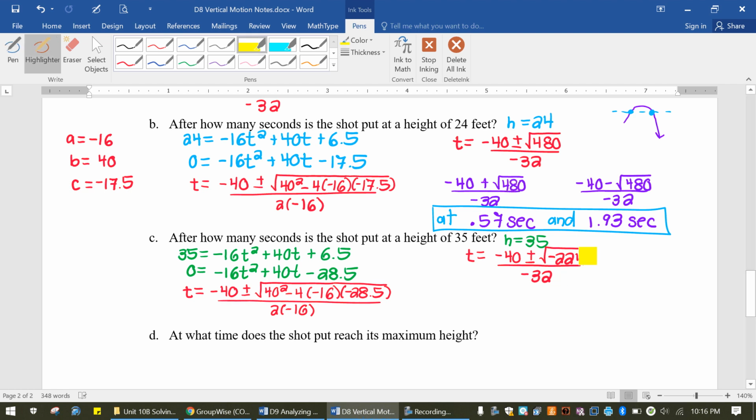So you should notice that you have a negative right there underneath the square root. That means there's no real solution. So what that translates to is it's never going to be 35. So the shot put never reaches that height.